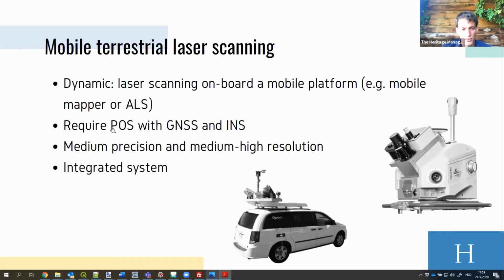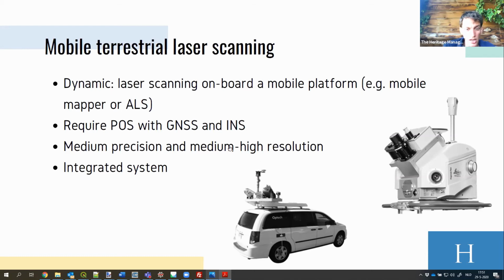POS here stands for positioning and orientation system. The P component, the positioning, is managed by the global navigation satellite system like GPS or BeiDou or Galileo. And the orientation is managed by a motion sensor, an INS, or several IMUs.